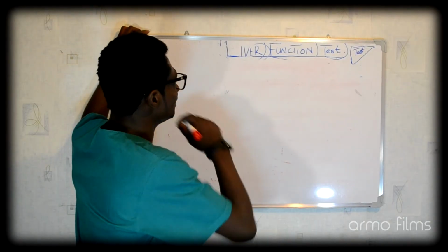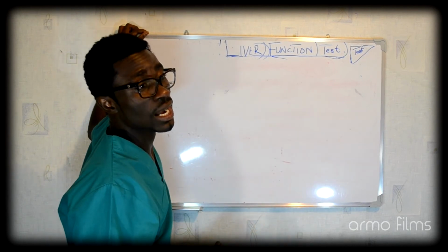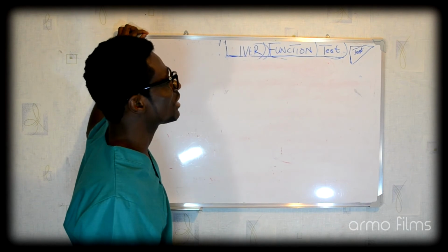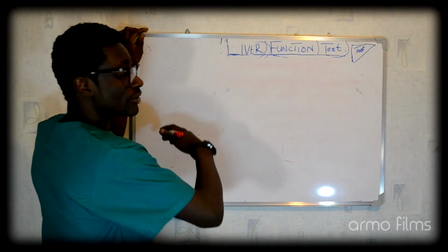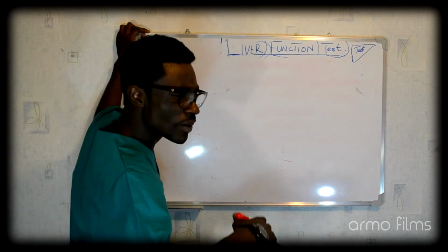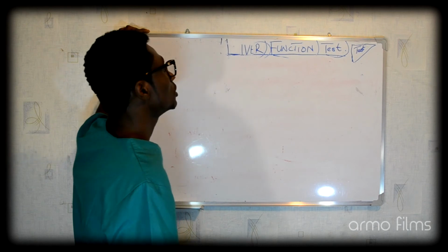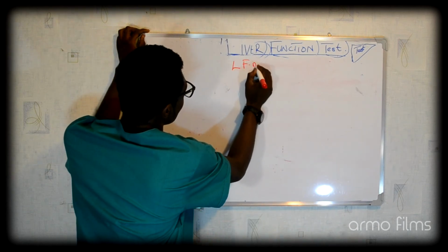All right, fellas. In the liver function test chart, or in your lab chart, there are some parameters that you usually see, giving you some values. Those parameters are called liver function markers.